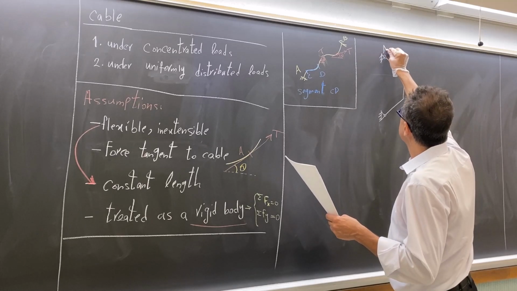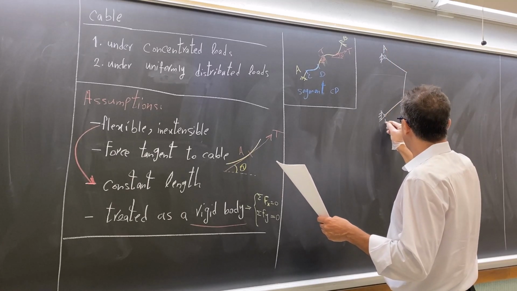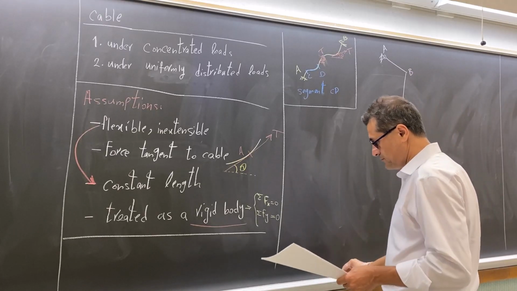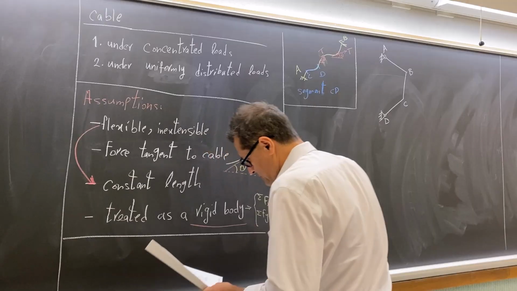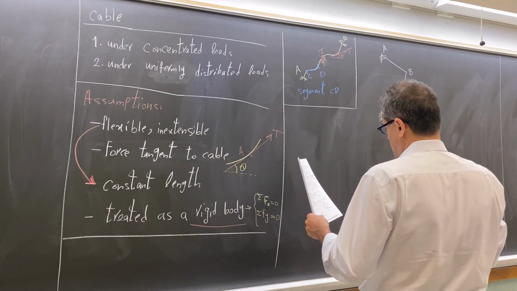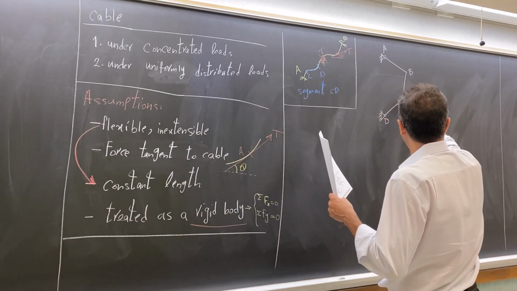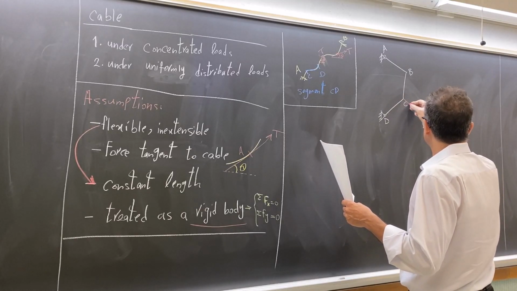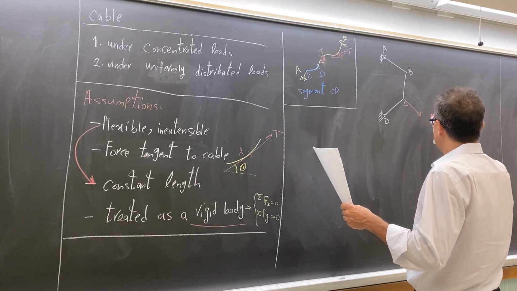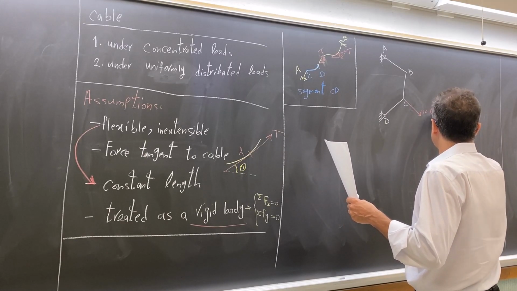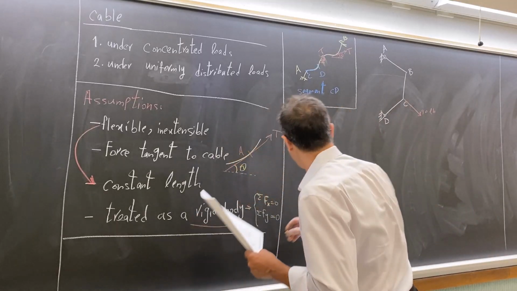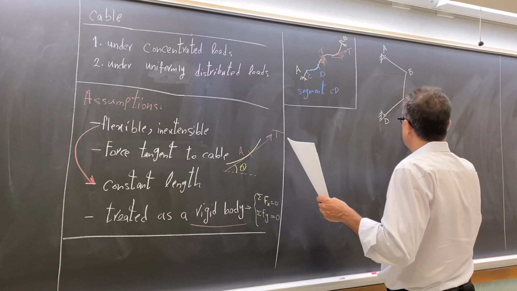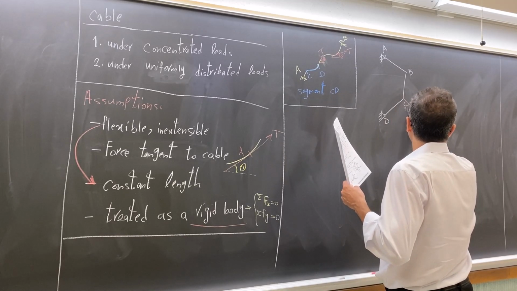So this is A, this point is D, this is C, this is B. We have a force applied at point C or joint C. The magnitude is 30 pounds. The direction is 3, 4, of course 5.